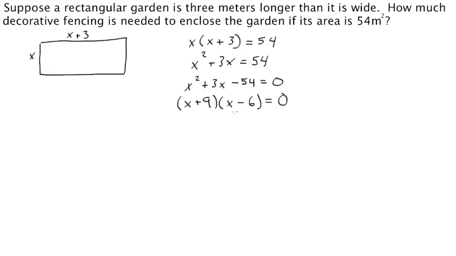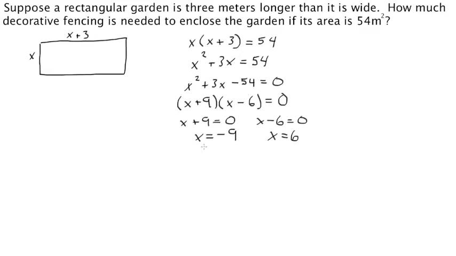So in order for the product of these two things to equal 0, one of them individually has to equal 0. So either x plus 9 equals 0 or x minus 6 equals 0. So x equals negative 9 or x equals 6.